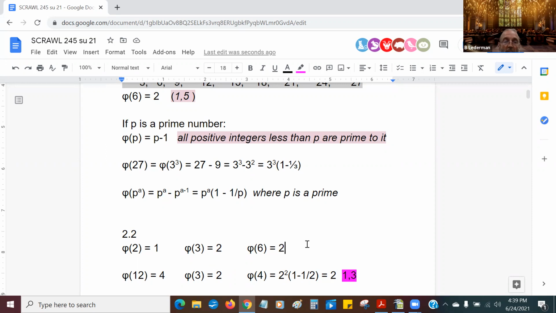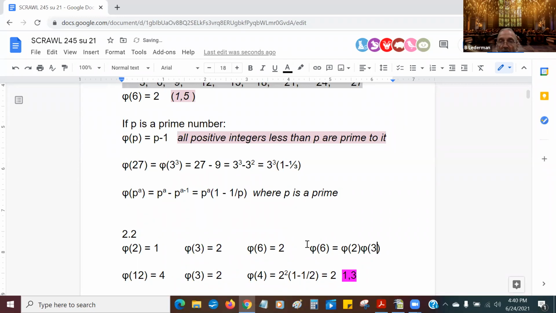So again, we see examples here, like phi of 6. This is kind of anecdotal, but I just want to illustrate what the theorem is saying. This is what the theorem is talking about.